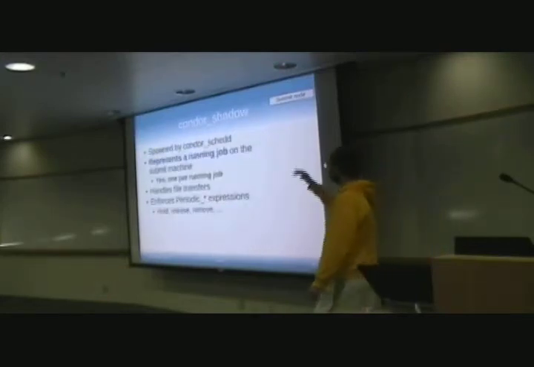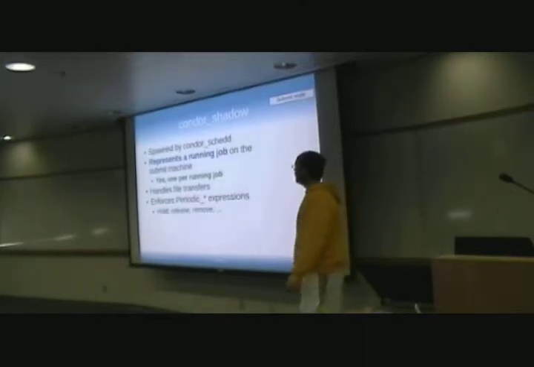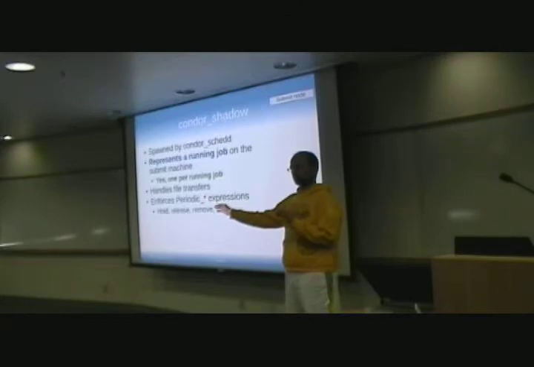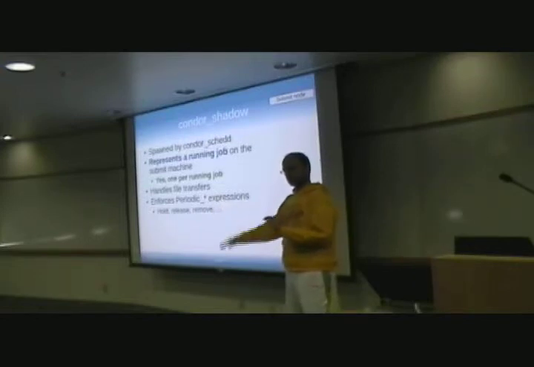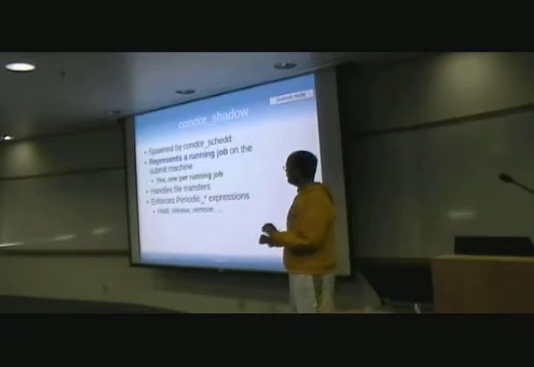Something that is very related to the schedd is the Condor shadow. Essentially, after the schedd contacted the machine and makes sure that it has the claim, it starts a shadow and delegates all the further communication with the machine for that specific job to the shadow. And the shadow from that point on represents the running job, which means you have one shadow per running job.